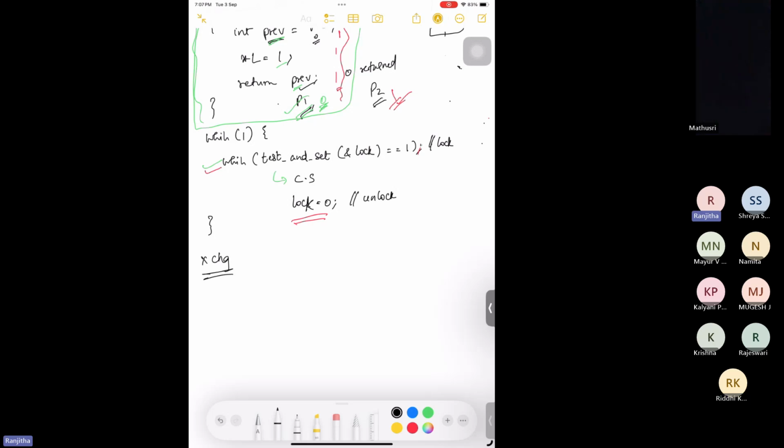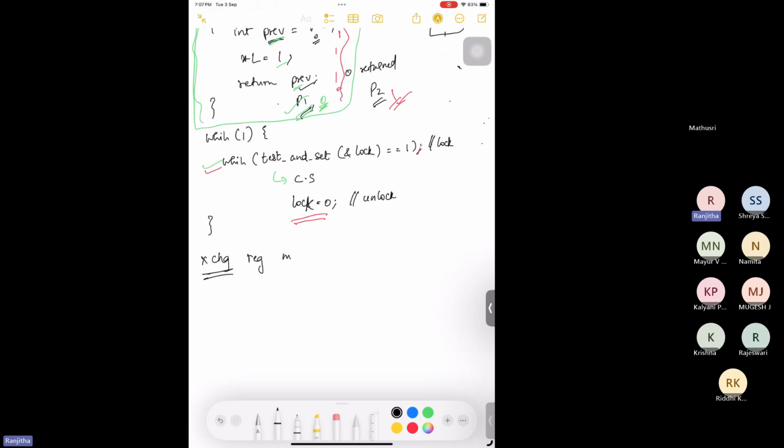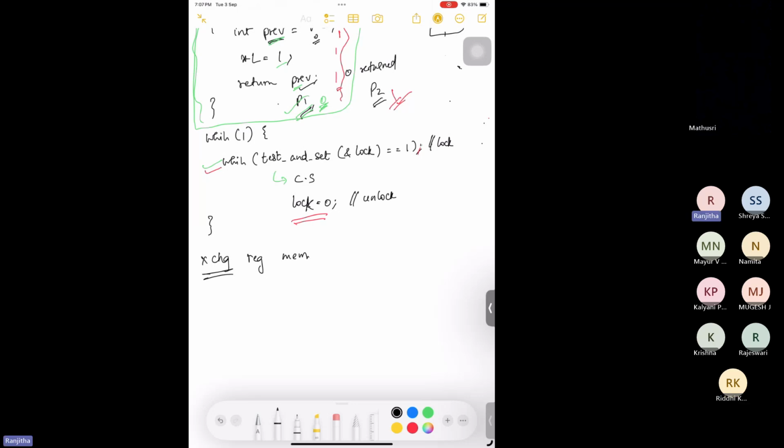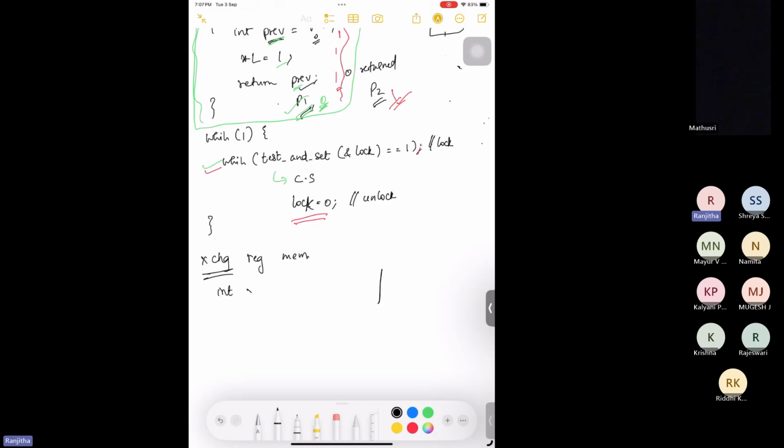This one takes a register and memory. The register will have the value and memory is from where we read that.